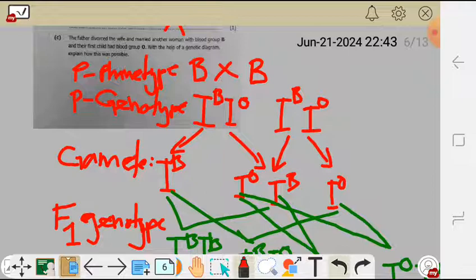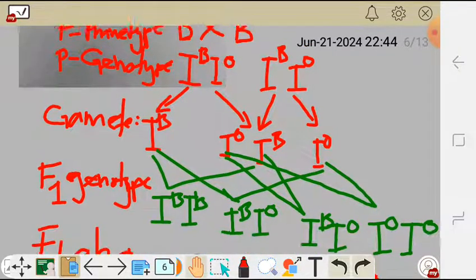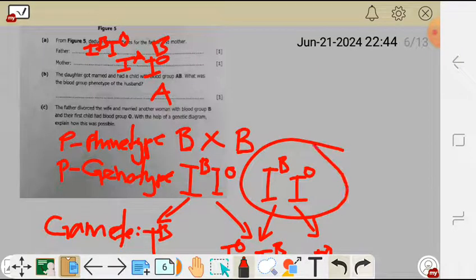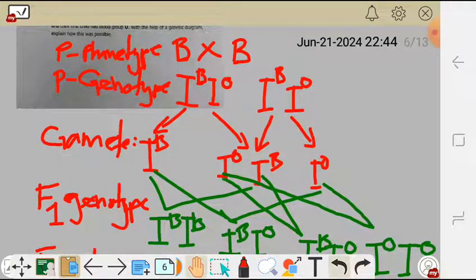So you start with the phenotype, where you write the blood groups themselves. In this case, we were crossing blood group B and blood group B. Then from there you come to the genotype, the inside appearance of the genes. We know that the father was blood group B, a carrier of the blood group O gene. Then this one was also a carrier. From there, they will separate and form the gametes.